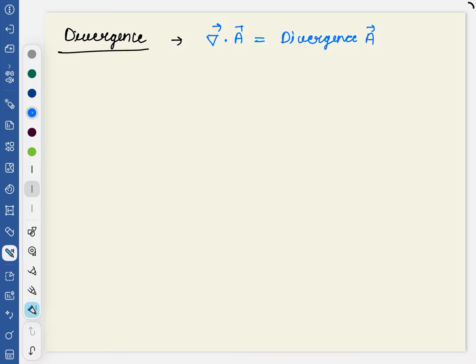Divergence of A. A is here any vector function. We operate del on A via dot product and we get the divergence of A.